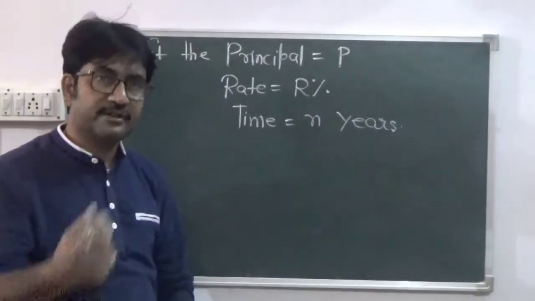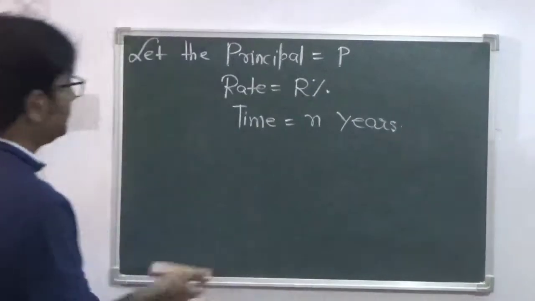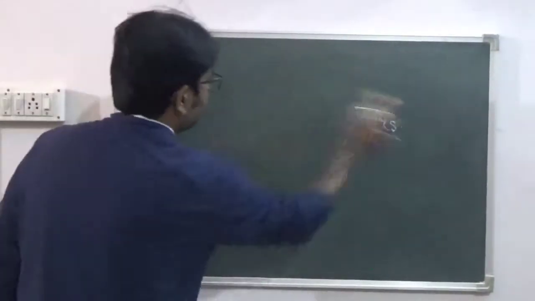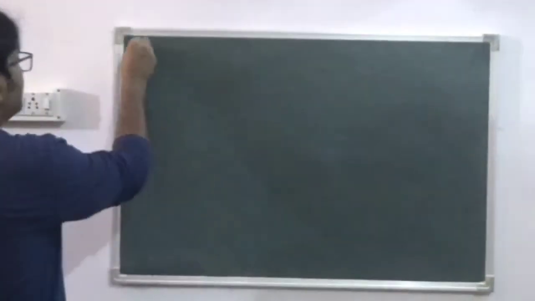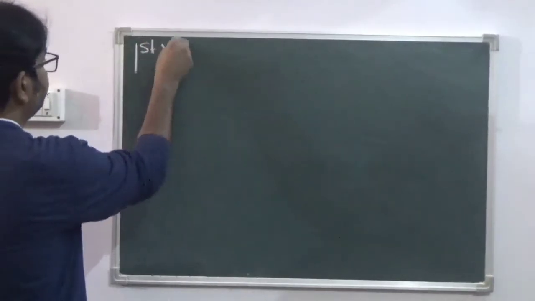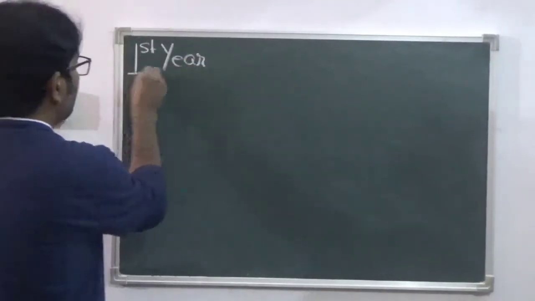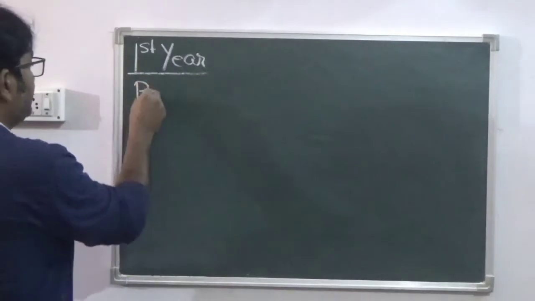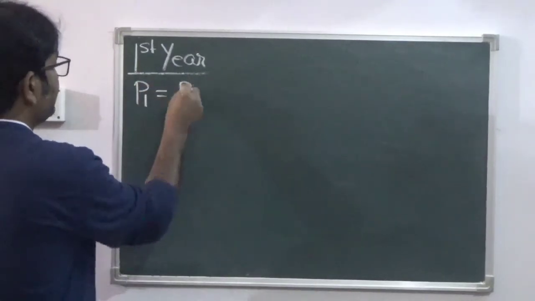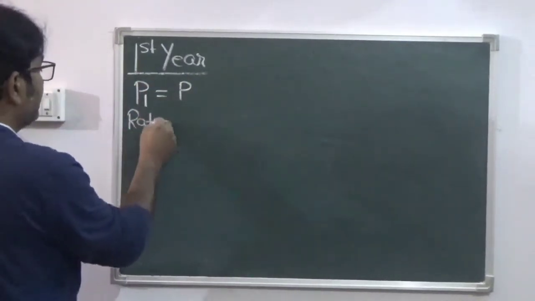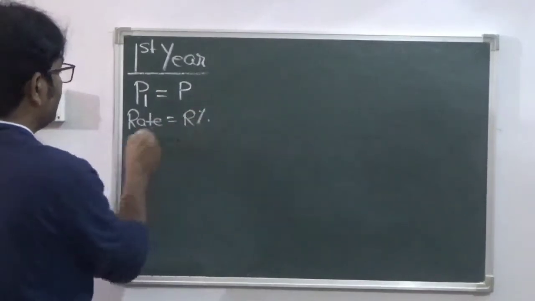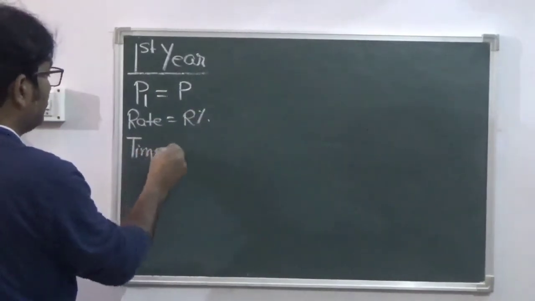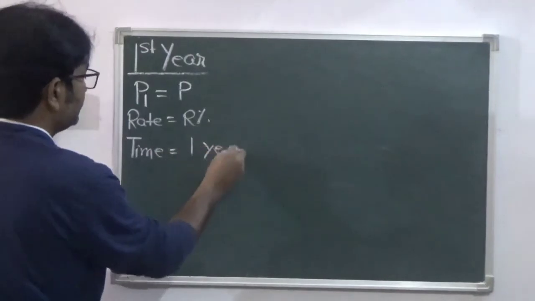So right from the first year, we'll follow the same procedure as we did in solving the problems. So first year, let the sum be denoted by P1, and that is equal to P, rate is R percent and time is equal to 1 year.